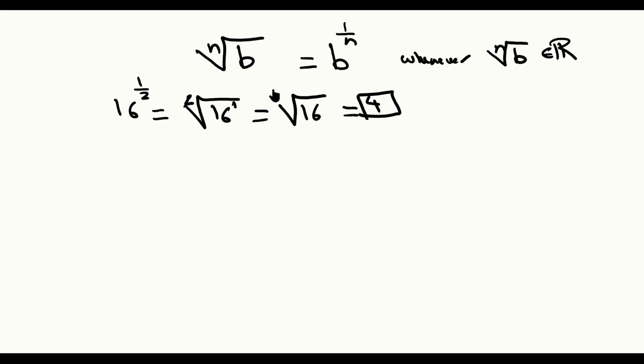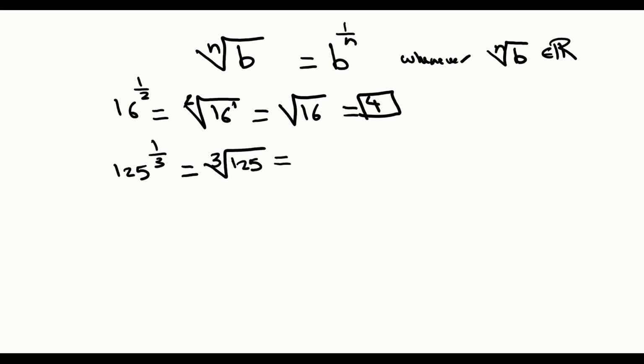So we can do these kinds of computations with fractional powers by first converting them to the more familiar radical form. So we can do the same thing, for example, with 125 to the power of 1/3, which, as we apply this formula, becomes the cube root of 125.